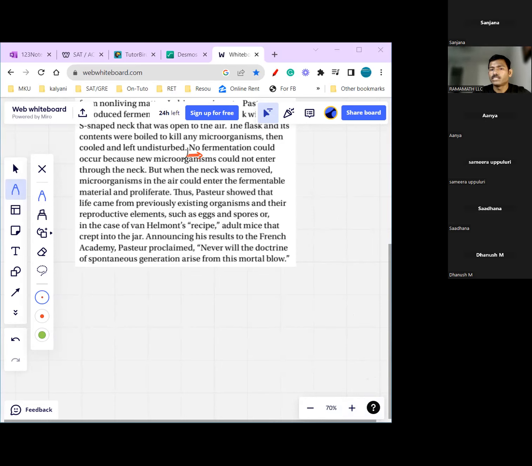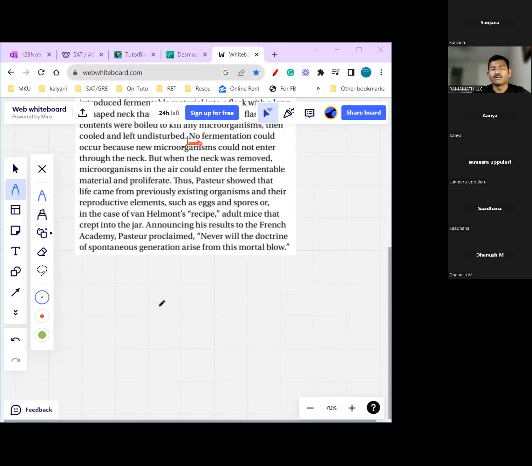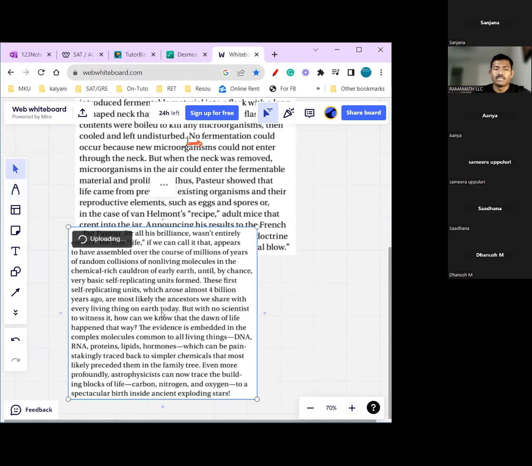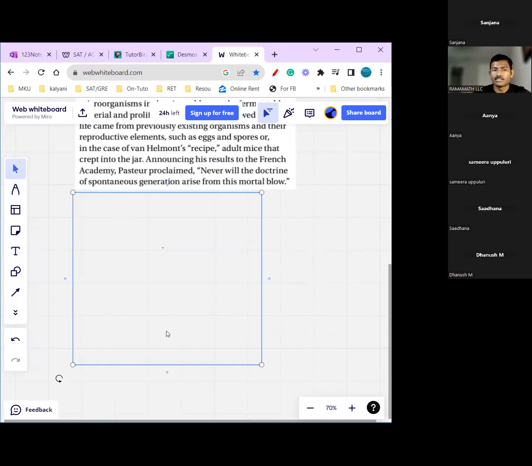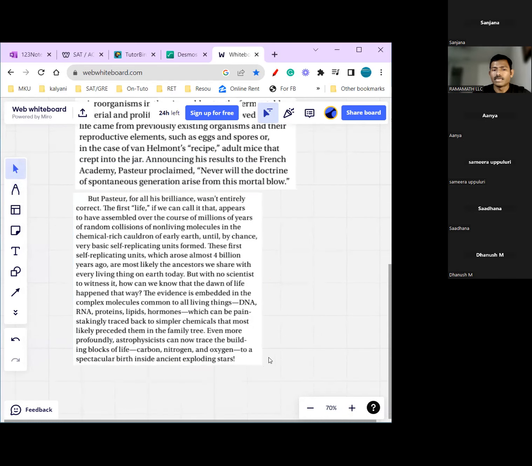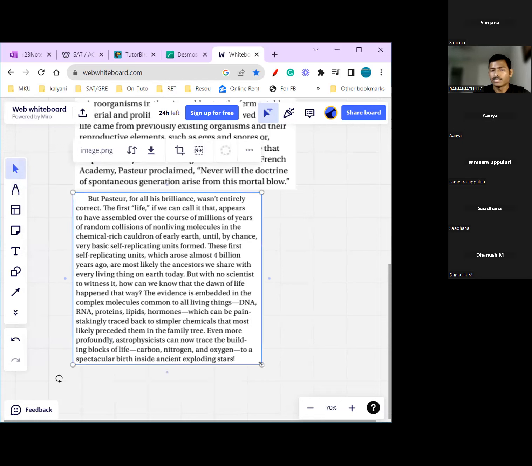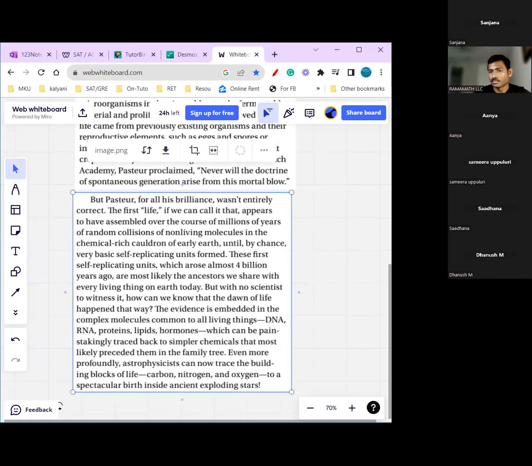So as it goes on, and more research took place, he showed that life does not come from anywhere. We see the refutation introduced in the passage itself.